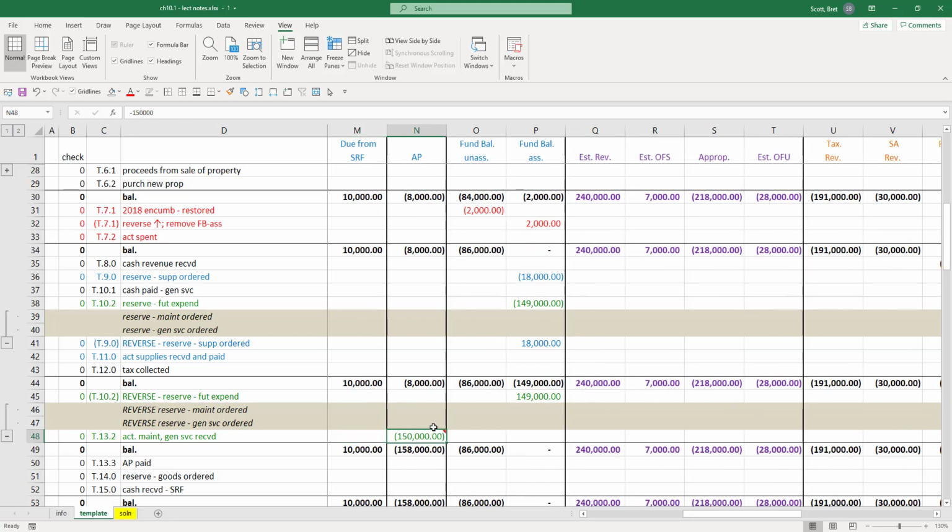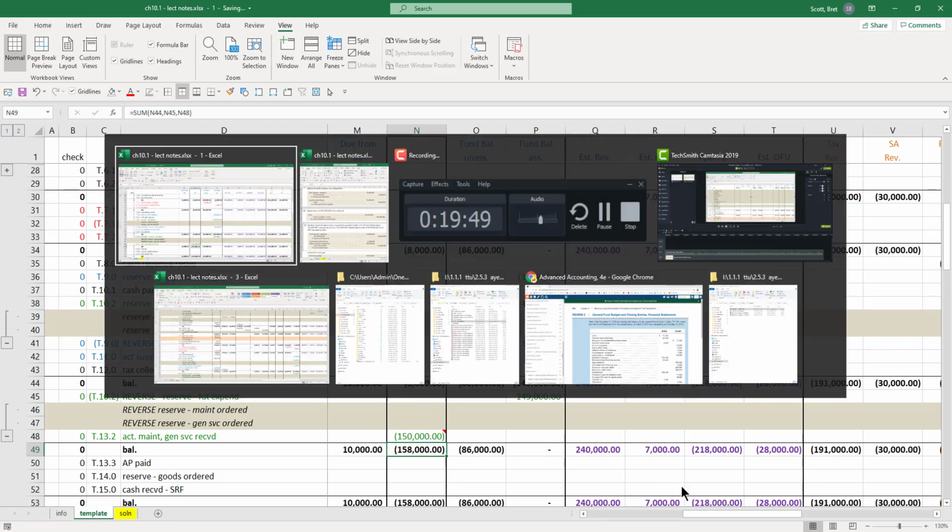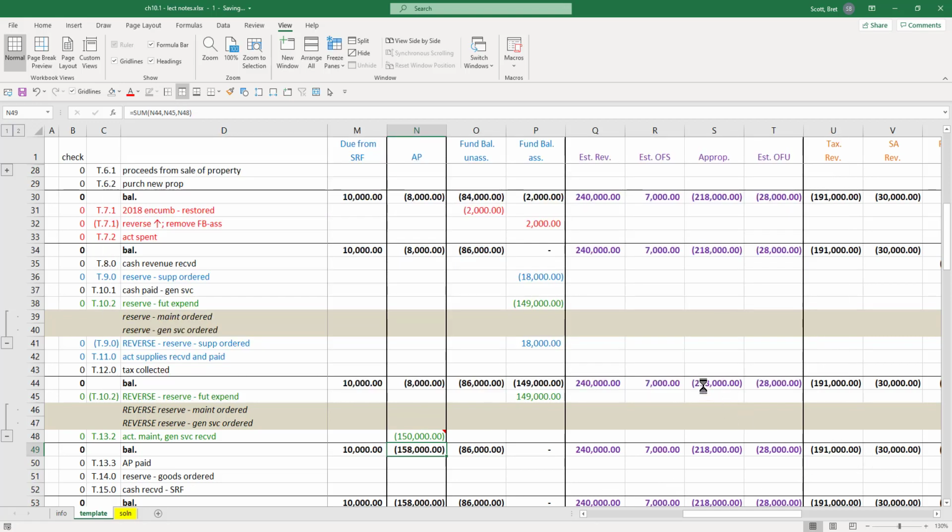Where's the credit? To accounts payable. I even put a little note in there to say, hey, by the way, that 150 is obviously higher than the 149 that we initially reserved. So why is it 1,000 higher? Because we actually paid 136 in general services, not 135. Just made a little note there to remind myself.